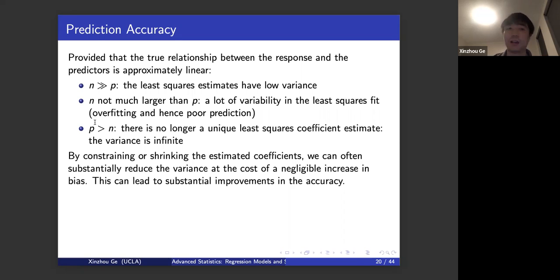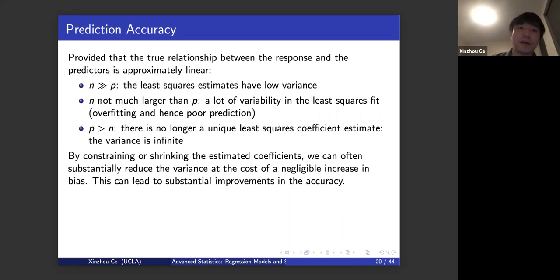It means that we can predict the y's for every observation perfectly with no error when the number of predictors is very large. In this case, there are many different solutions to the least squares, so least squares is not the best way to find a good model.